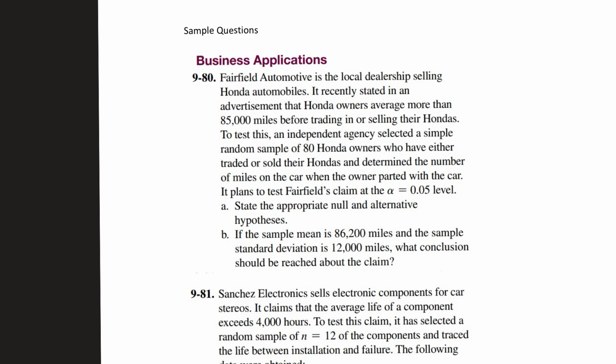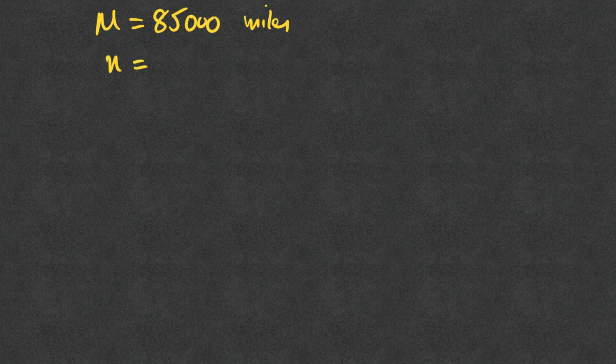Yep. All right, so what conclusions can we draw? So the information that we had was there's a belief that owners trade in at 85,000 miles. Okay? So we had a sample taken, N was 100.